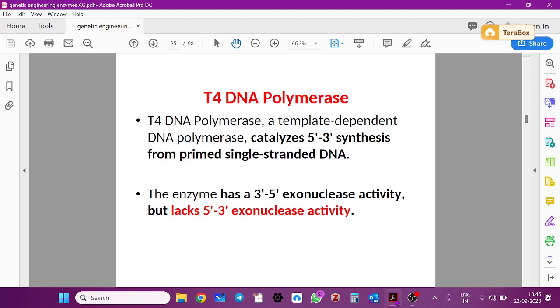There is another important polymerase known as T4 DNA polymerase.